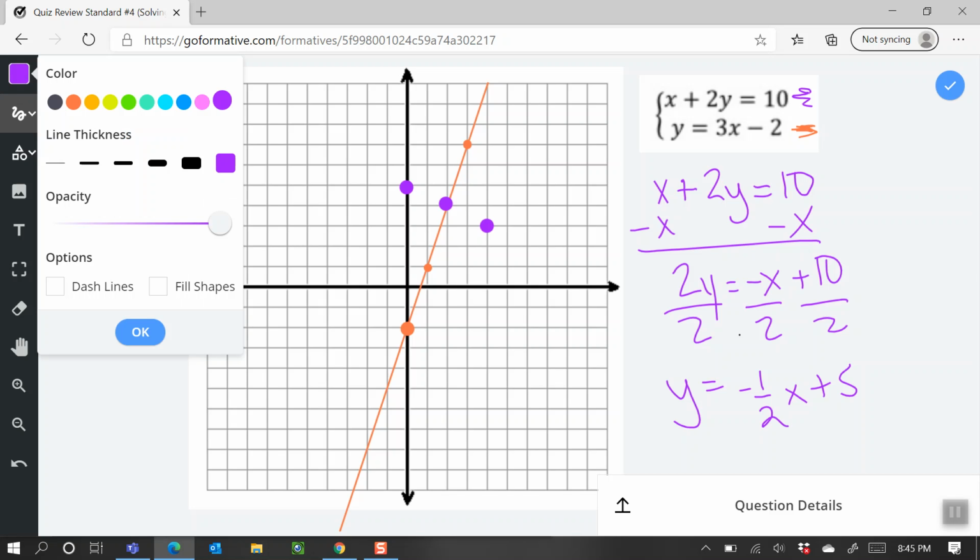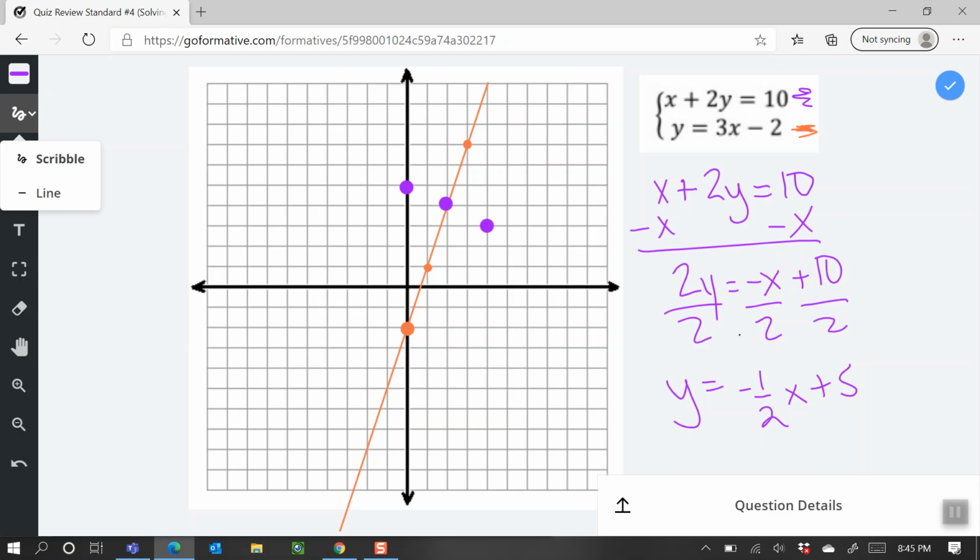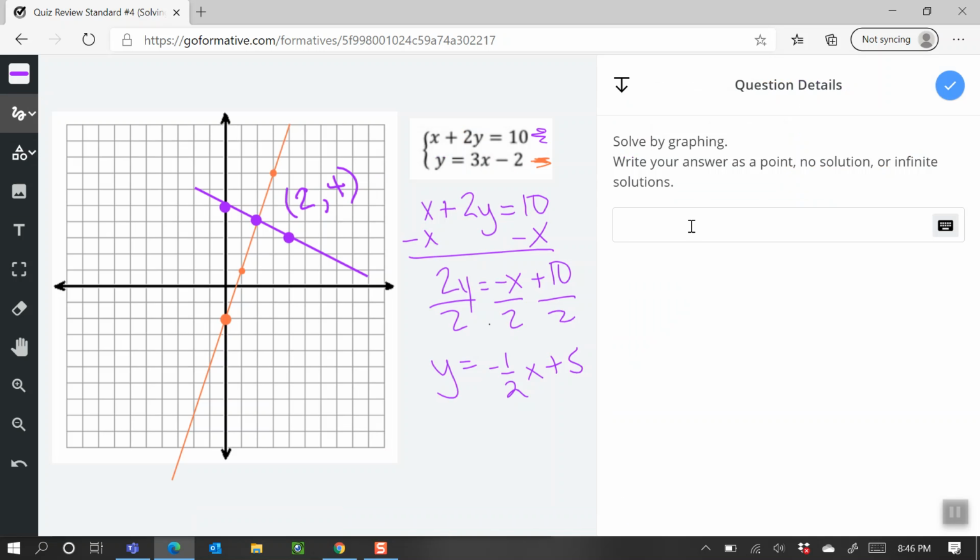Change my line thickness. Change to the line tool. Draw a line through. So I see my point is at 2, 4. Over here, type it in.